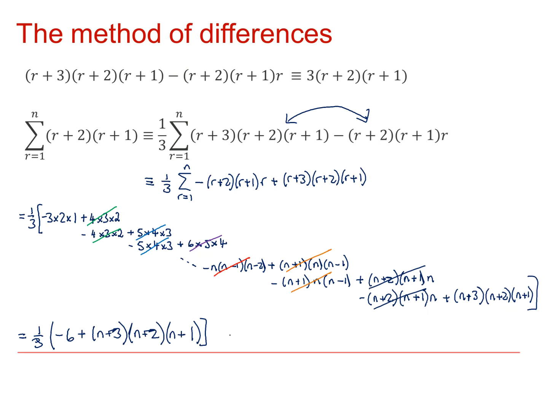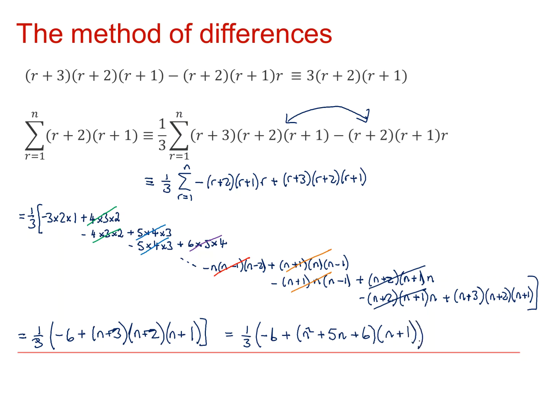All I need to do now is tidy that up. So that's 1/3 of minus 6 plus n squared plus 5n plus 6, times n plus 1.